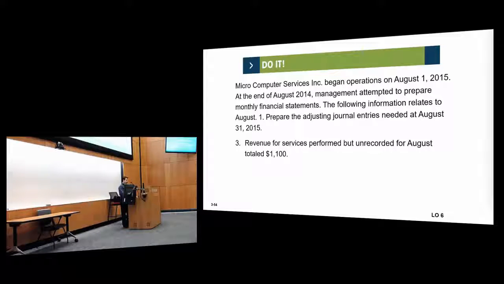So you credit the revenue to increase revenue, and you debit an asset. In this case, which asset specifically? Accounts receivable, because the company did not receive the cash. So accounts receivable is debited 1,100. Service revenue is credited 1,100. Any questions?